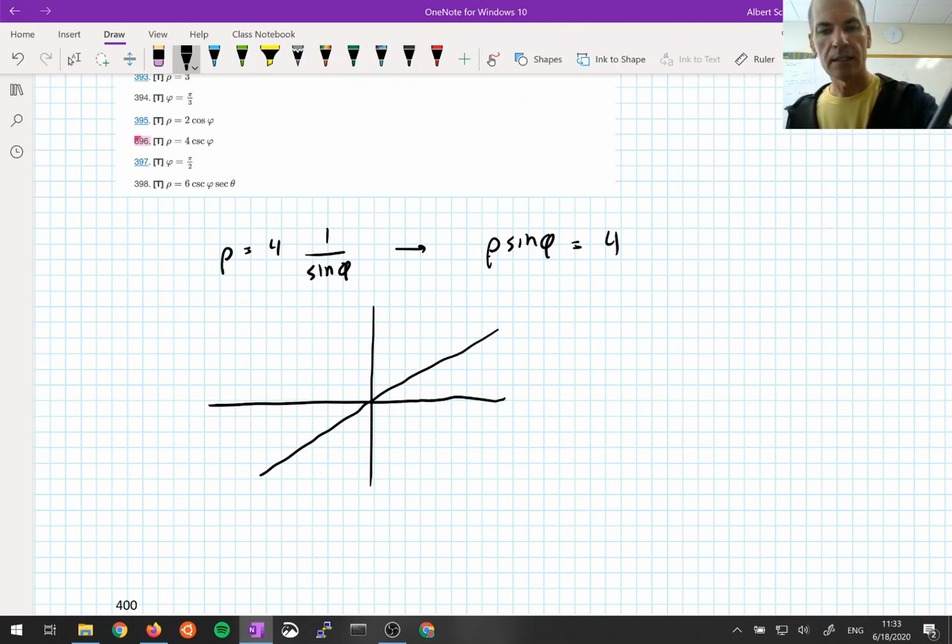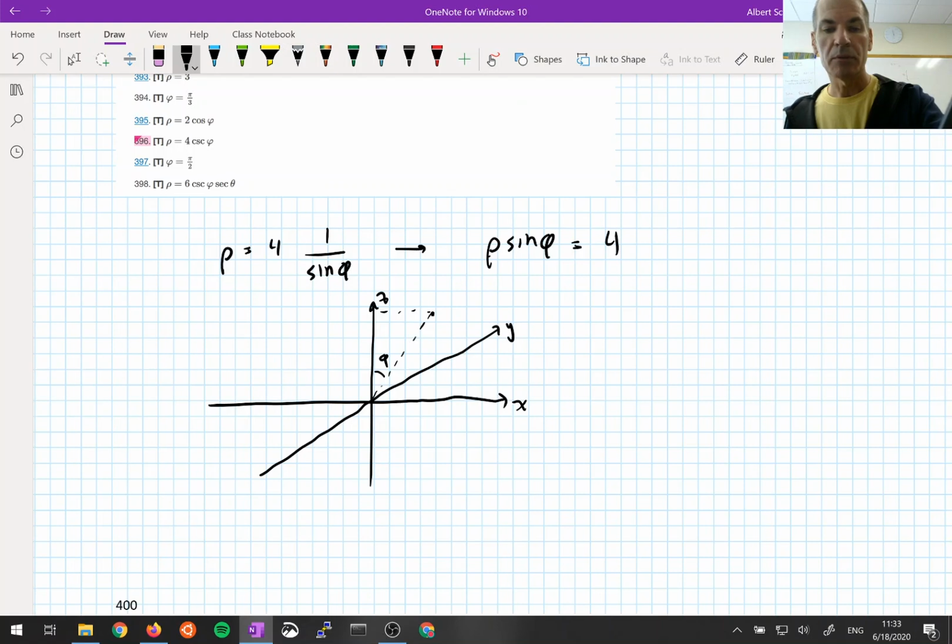And what does rho sine phi actually look like here? Remember, if we plot just some generic point in x, y, and z space, and we look at the angle that it makes with the positive z-axis, that's phi.